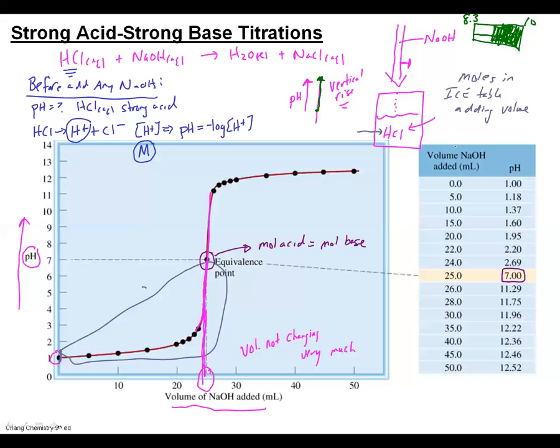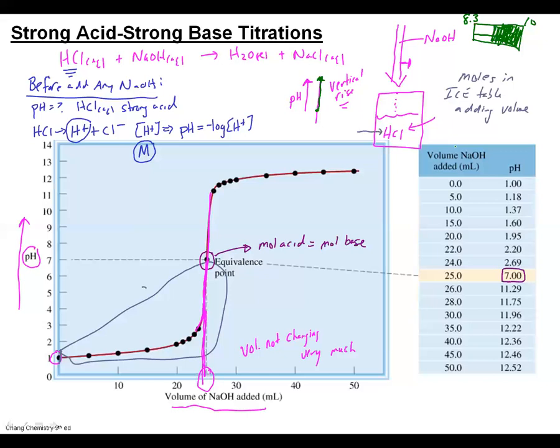Now, don't get me wrong, if you opened it up and went way past it and added a lot more volume, it will definitely mess up your calculation. But if you're really careful and you just added that one drop and it went super pink, or maybe 2 or 3 drops past and it got really pink, you probably are not that far away from the equivalence point in terms of volume. And it probably would not make a tremendous amount of difference in your overall calculation.